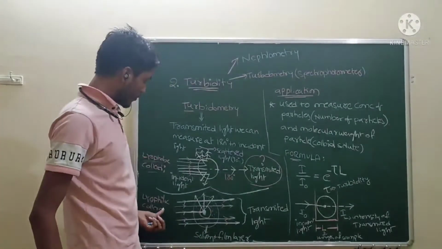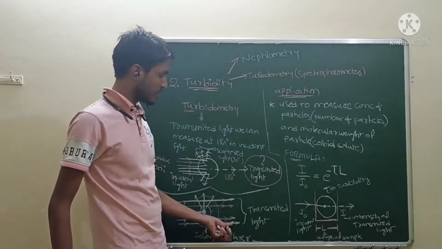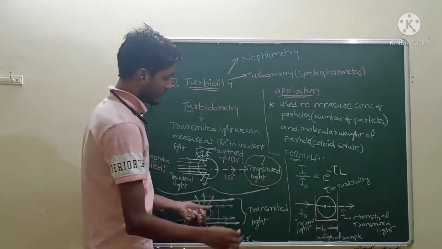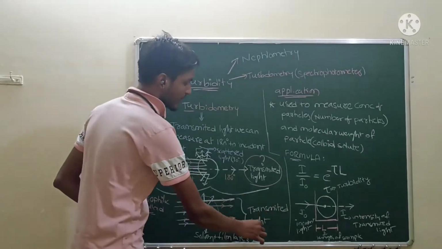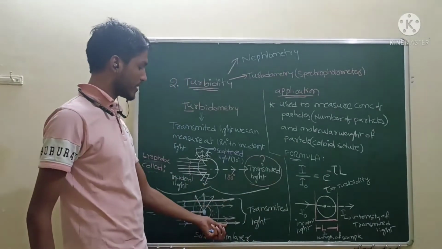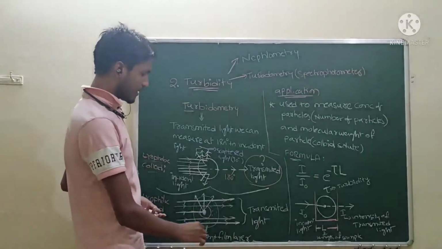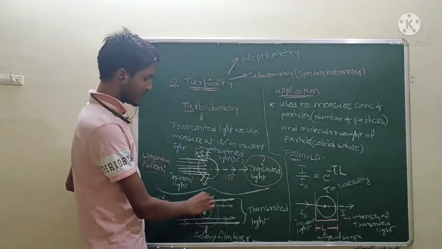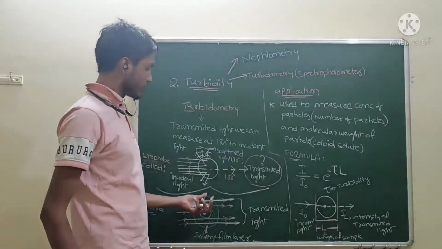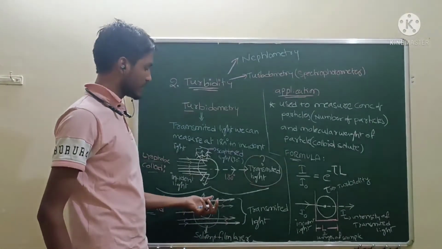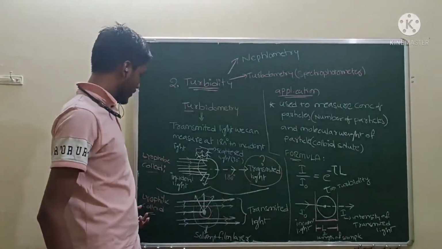For a lyophilic particle, the transmitted light is more, while the scattered light is less compared to the transmitted light.